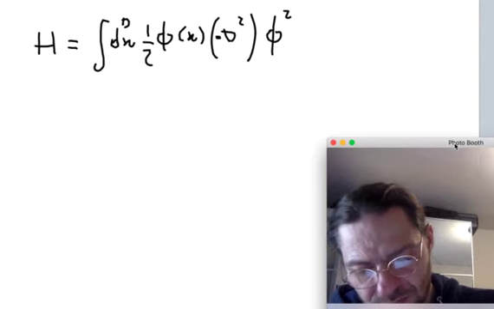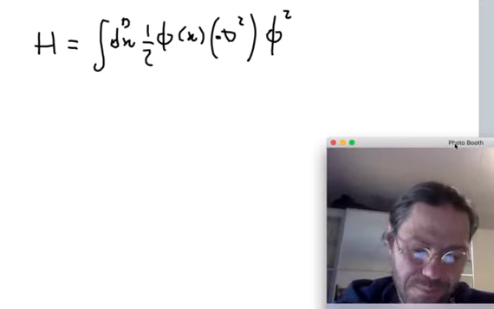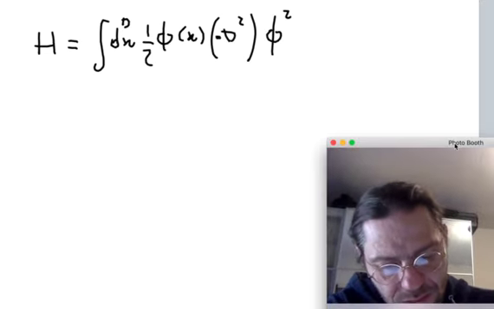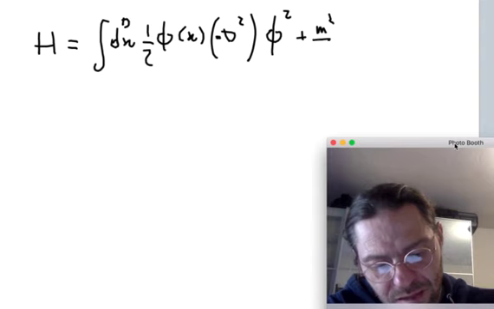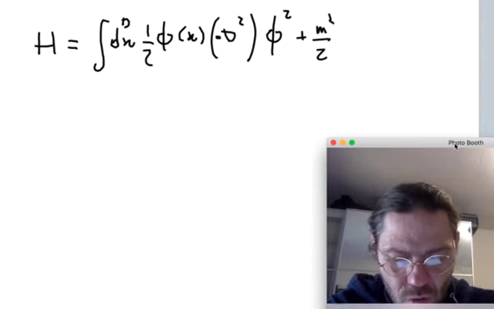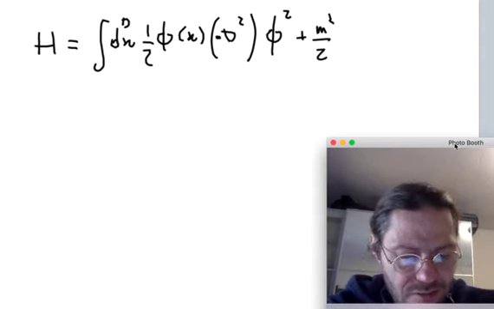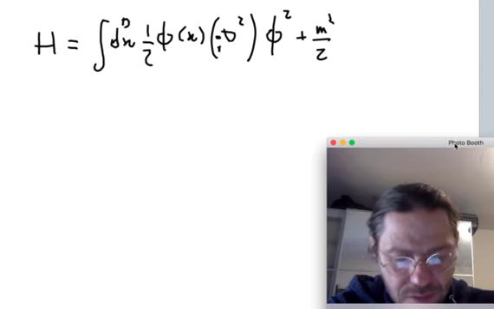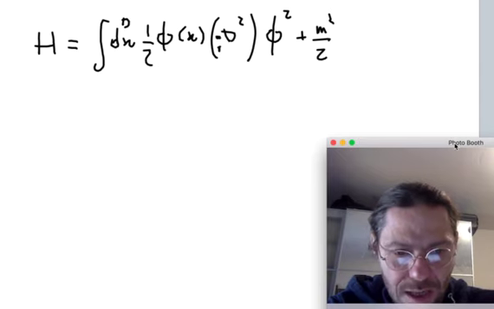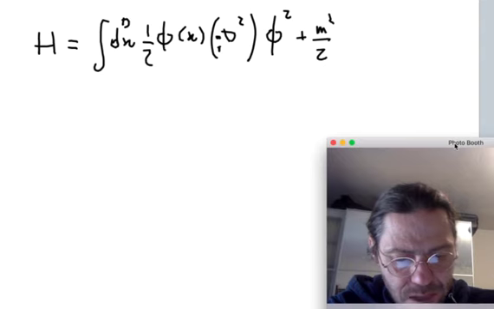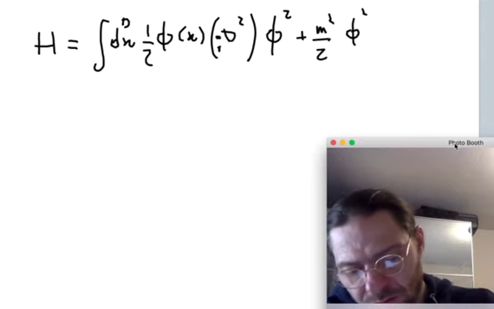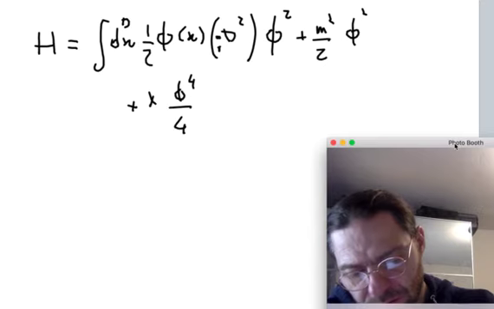I might be mistaken in the previous notes. I must have forgotten this negative sign. I'll come back in a moment on why I have a negative sign there. But we came up with this term plus lambda phi to the fourth divided by 4 factorial.